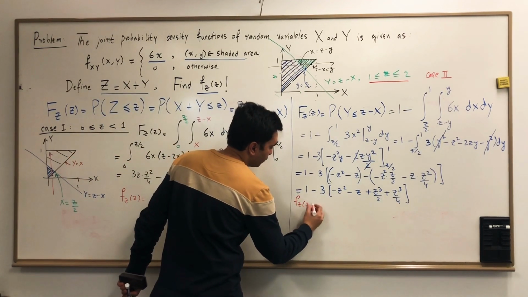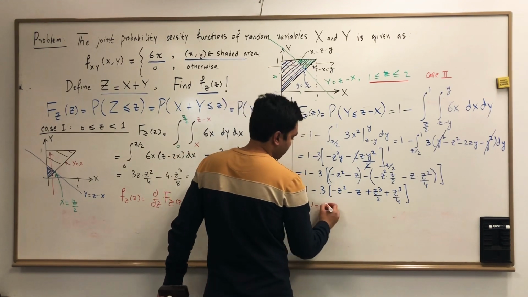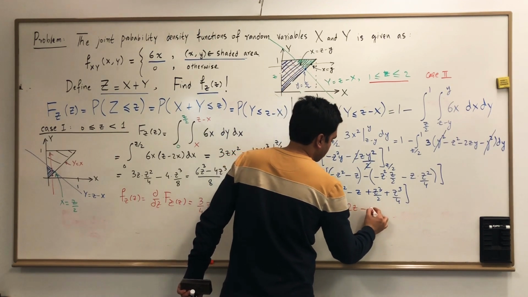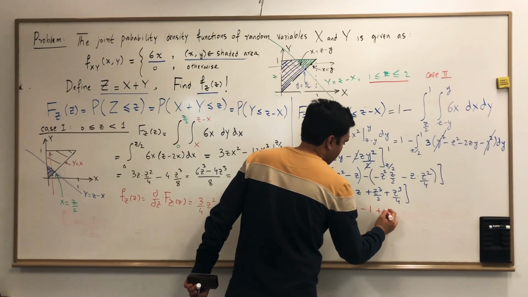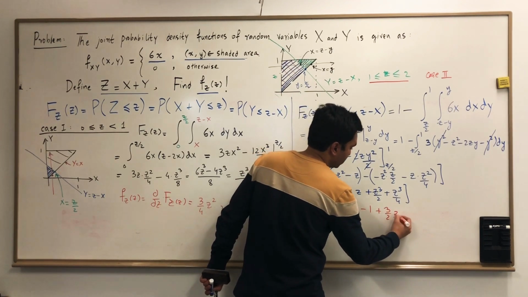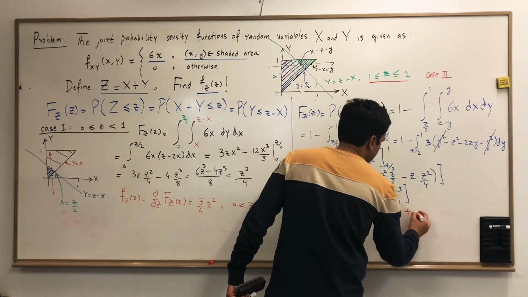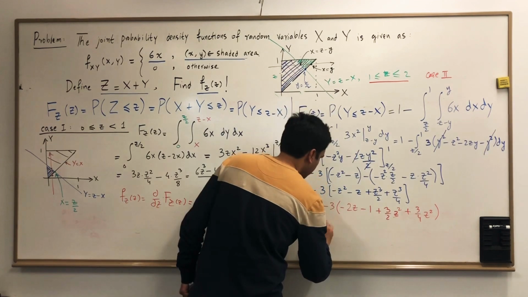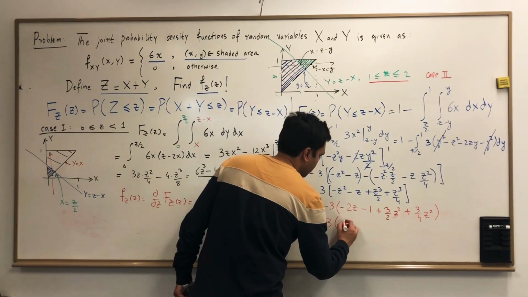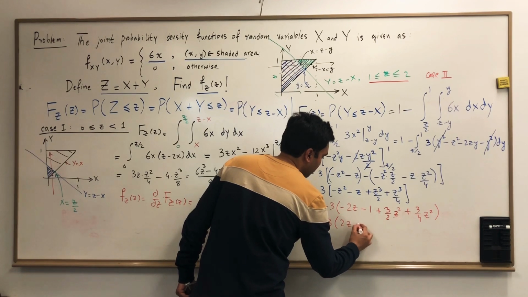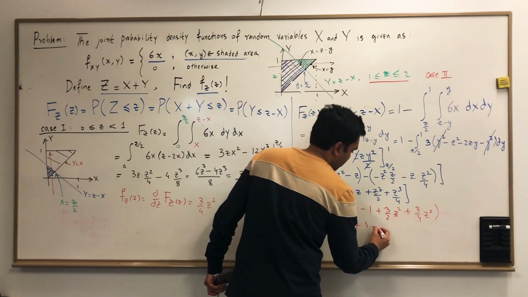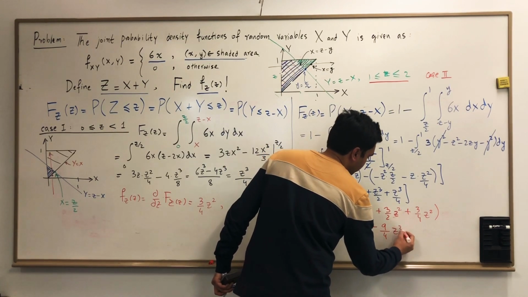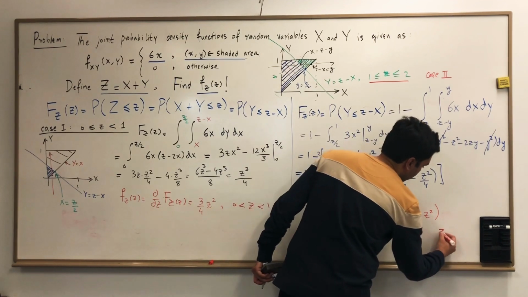So then f_Z of z will be the derivative of this. The derivative is minus 3 times minus 2z minus 1 plus 3 over 2 z squared plus 3 over 4 z squared, which turns out to be 3 times (2z plus 1) minus 9 over 4 z squared, when z is from 1 to 2.